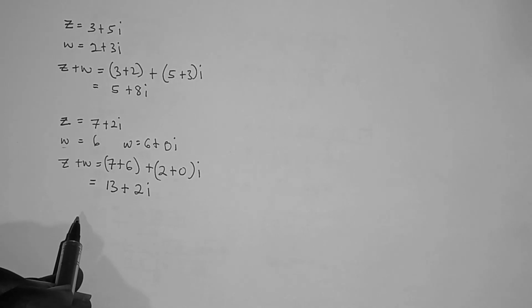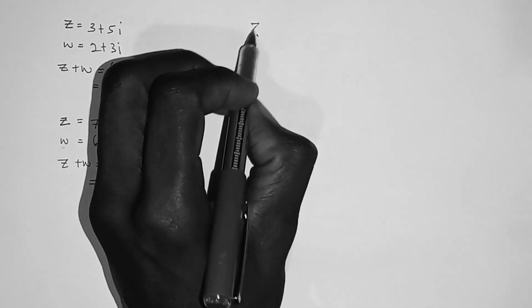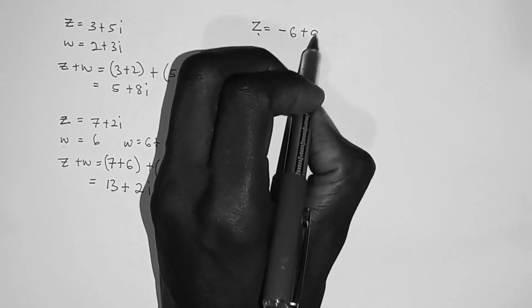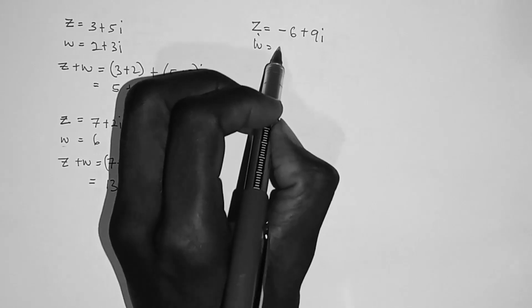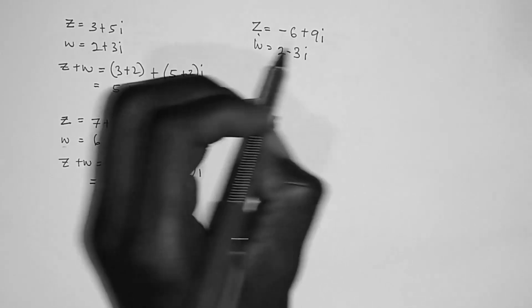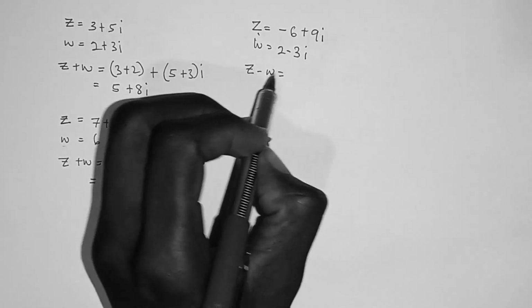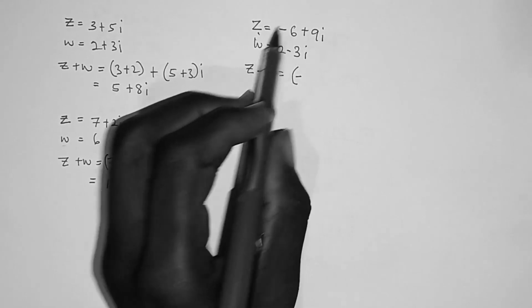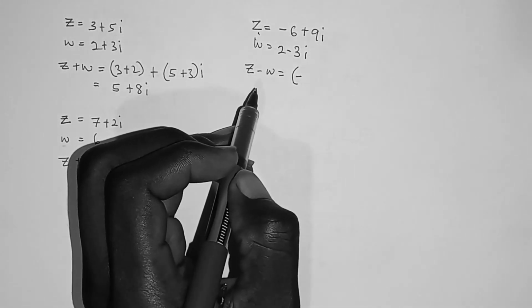Now let's talk about subtraction of complex numbers. Let's assume we have z equal to minus 6 plus 9i, and we have w equal to 2 minus 3i. What is z minus w? It's equal to, on one side, minus 6 is the real part of z and 2 is the real part of w.